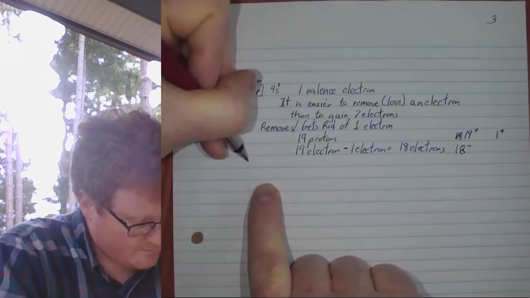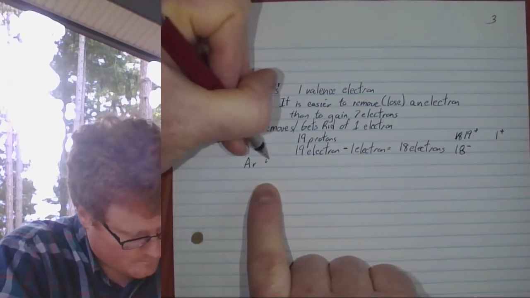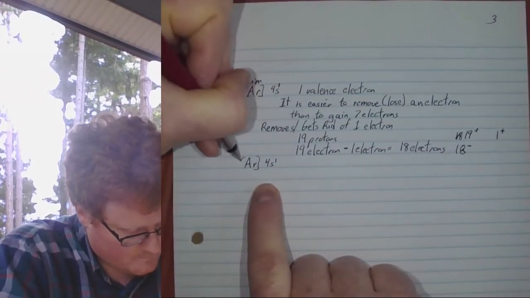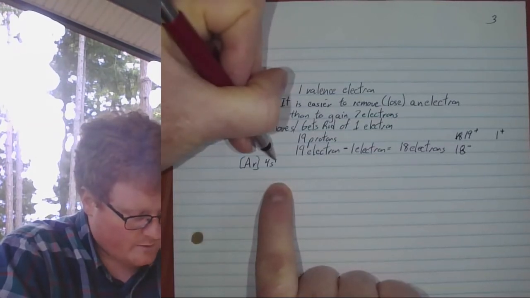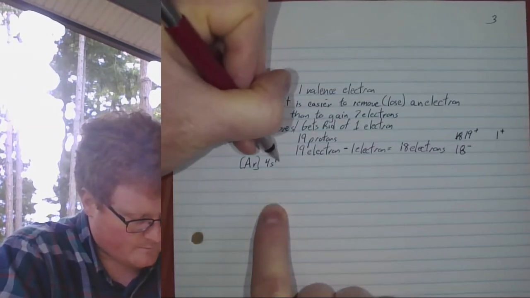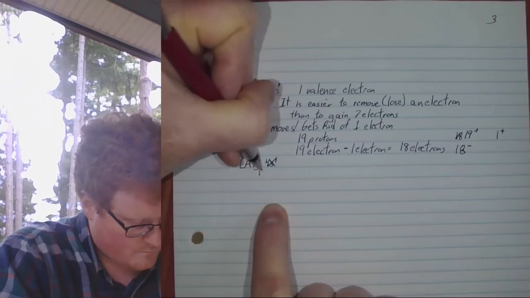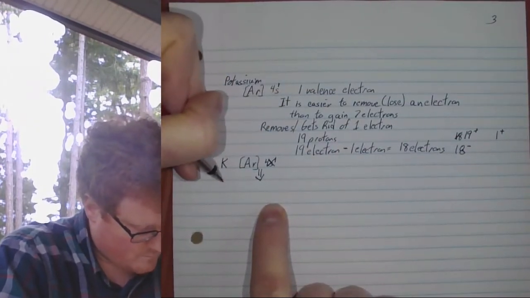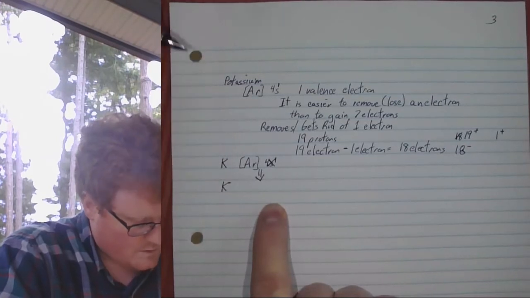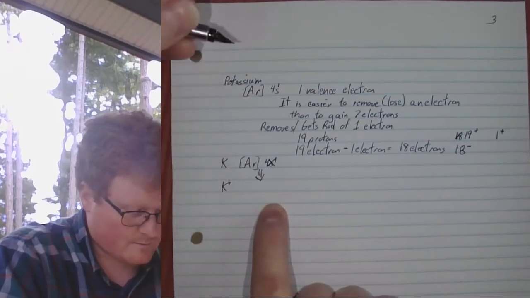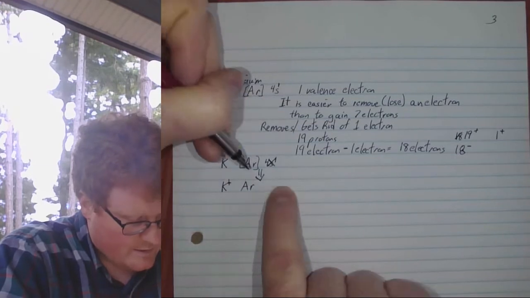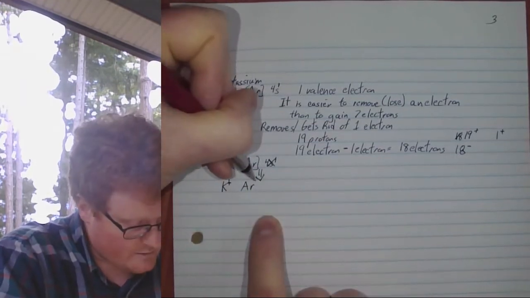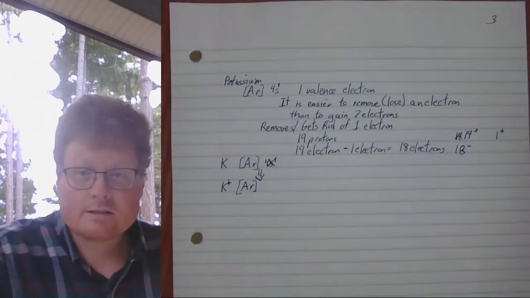let's look at the 4s1. If we're removing that, we're going to take that away. K plus has, I remove the 4s1 electron, it now has argon's electron configuration.